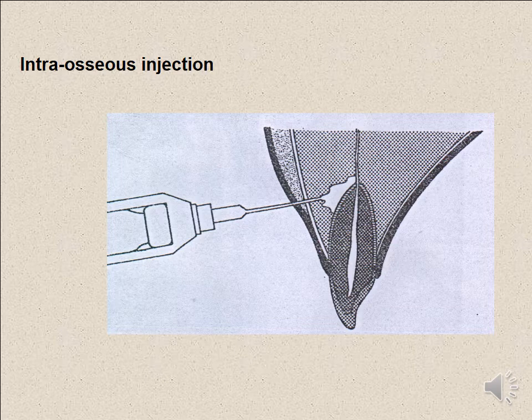This technique is not really used by anyone, but it is mentioned in the books, so we must know it and how to do it: by making an incision over the mucosa and drilling a hole through the periosteum and cortical bone to reach the cancellous bone, and then giving the local anesthetic solution within this hole to anesthetize a certain tooth.